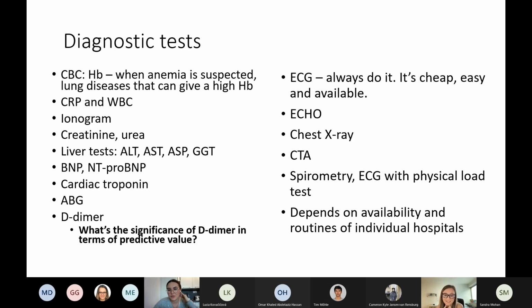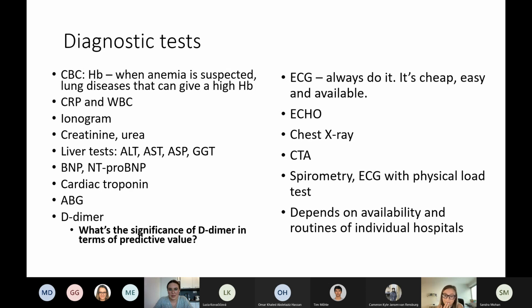If you don't know, D-dimer is a breakdown product of a thrombus. Do you know what the significance of it is? You mean when you would use it, or when it would be high? What the value tells you, whether it's high or low. Like there's microclots or something.